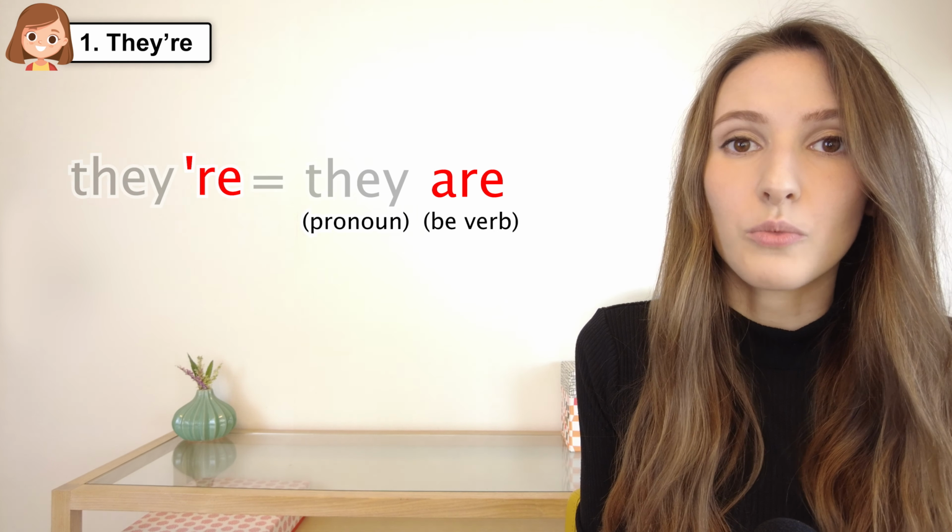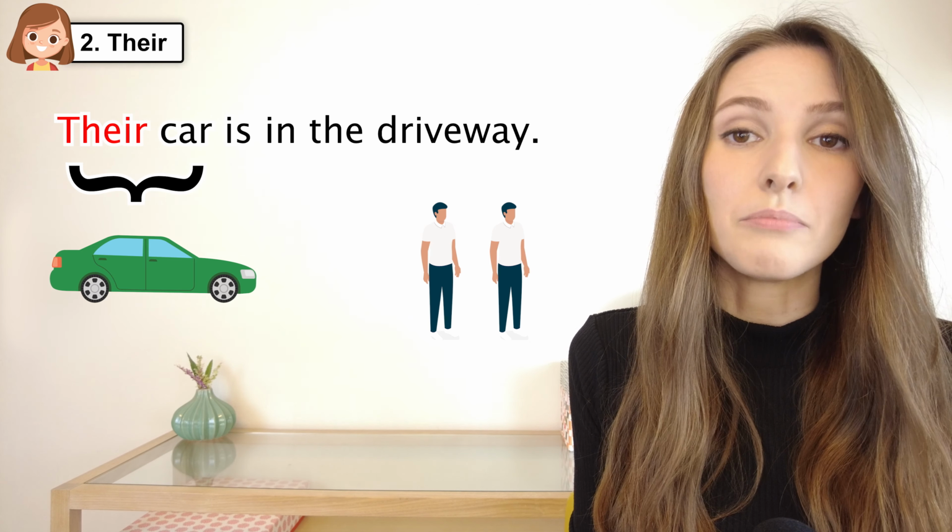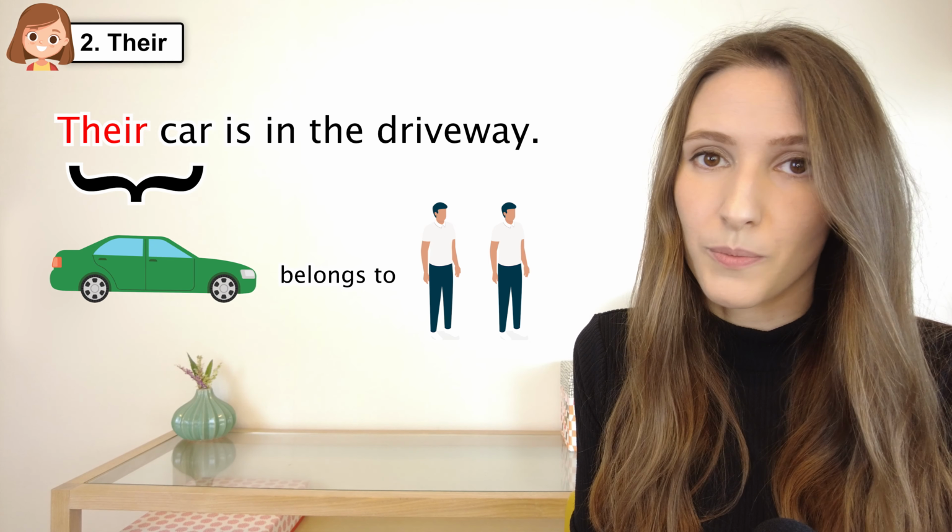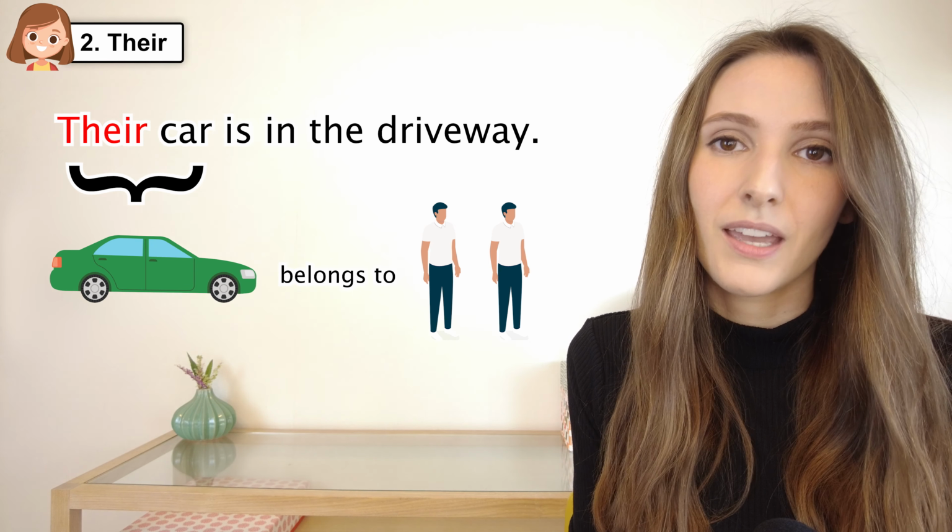It is used before the noun it qualifies. In the sentence, their car is in the driveway, their refers to the fact that the car, which is a noun, belongs to these people. Let's take a look at the chart for possessive adjectives.